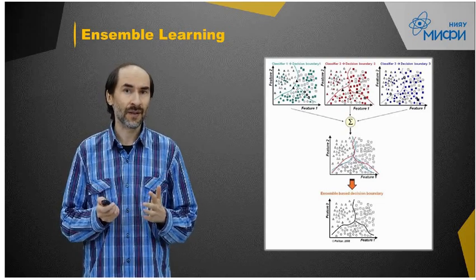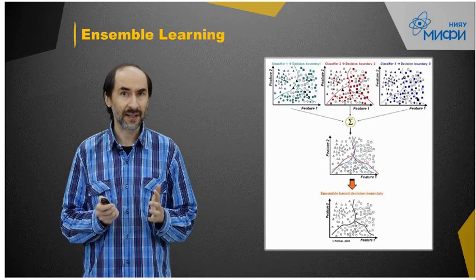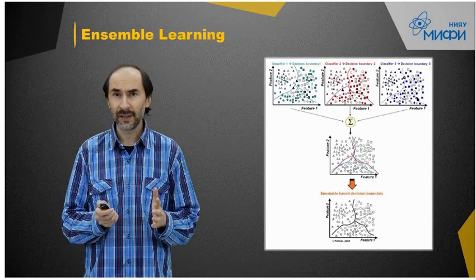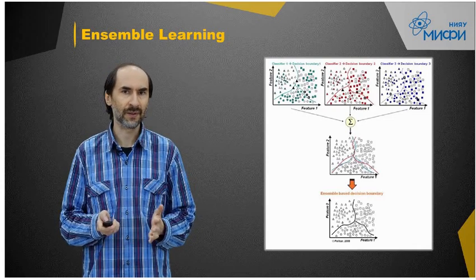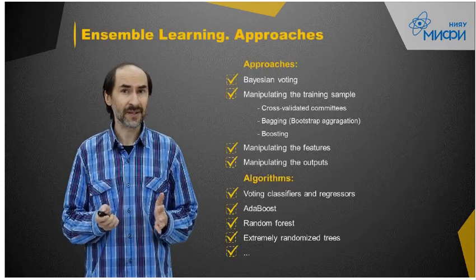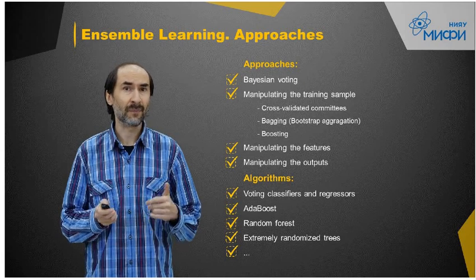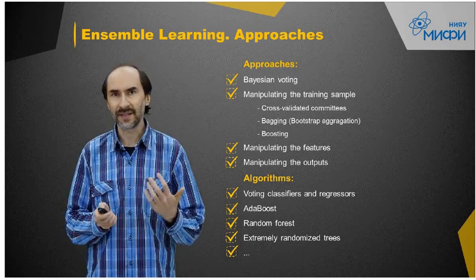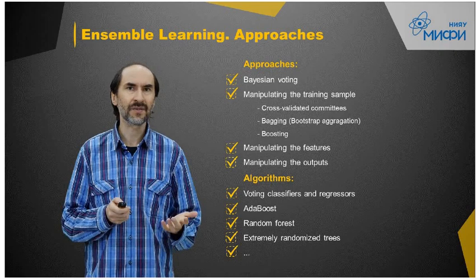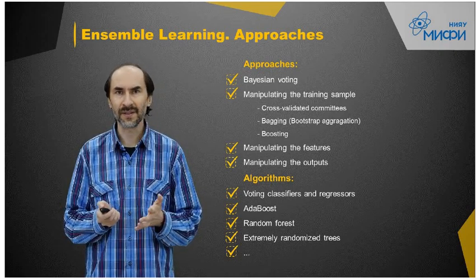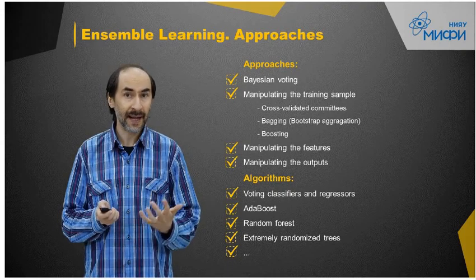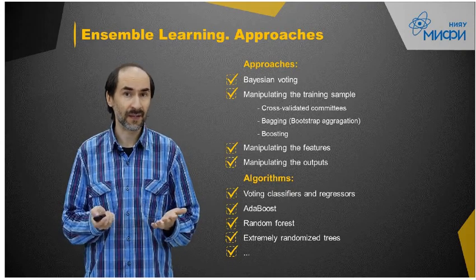It can be shown that under certain conditions, the committee will have higher accuracy than each of the weak models. There are many approaches in ensemble learning. It's Bayesian voting, manipulating with the training sample, features or outputs. Some models, for example random forest, manipulate with the training sample and features at the same time.